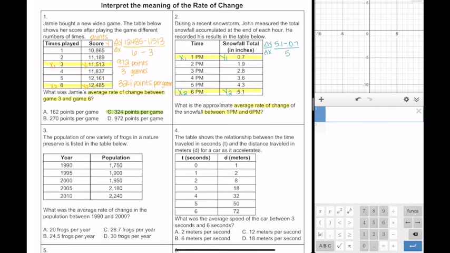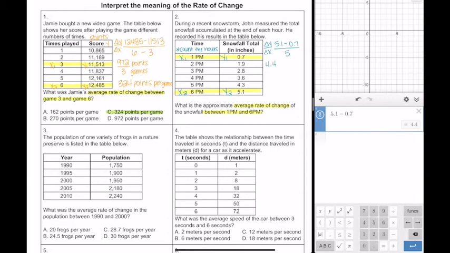In this case, it would have worked if we did 6 minus 1, but what if it had been 11 a.m. to 6 p.m.? That wouldn't have been the same type of subtraction. We just need to count the hours if we're talking about time. Now we can go ahead and do our subtraction. 5.1 minus 0.7 is a change of 4.4 inches.